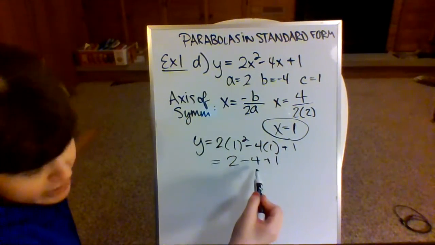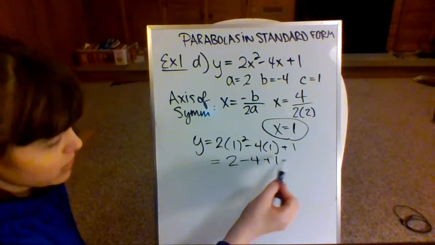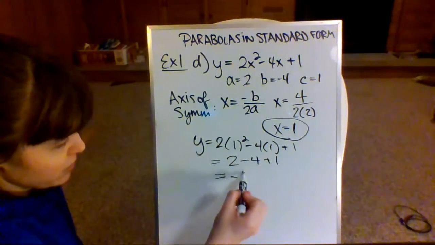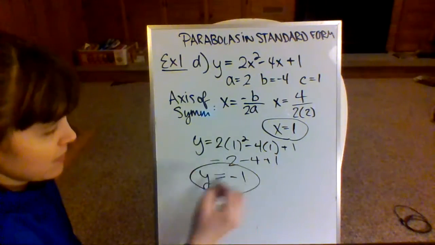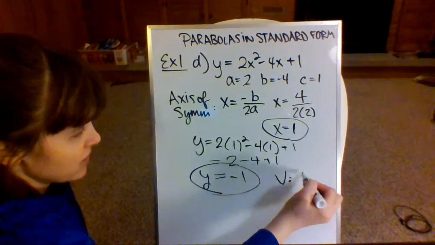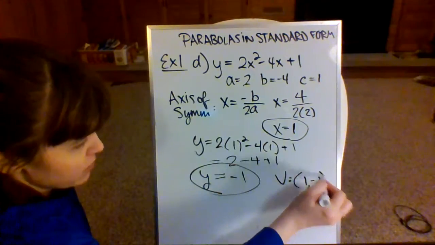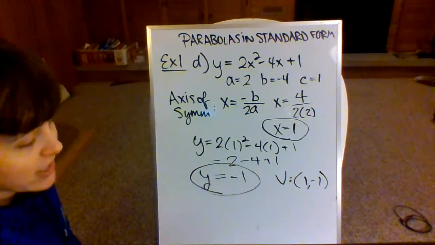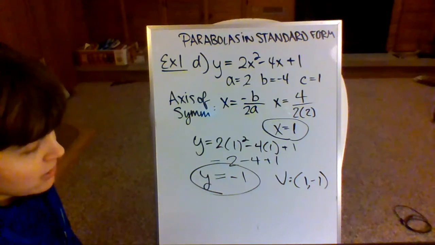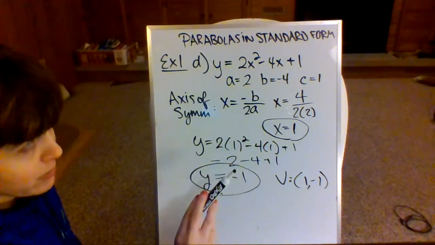So 2 minus 4 is -2. -2 plus 1 is -1. So y equals -1. So our vertex is 1, -1. Okay, so that is how you identify the vertex using standard form.